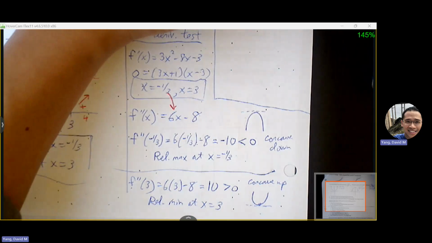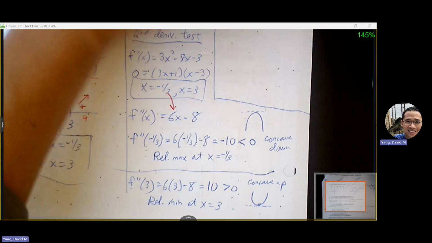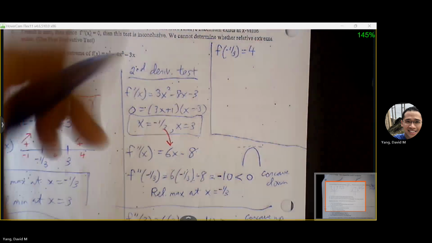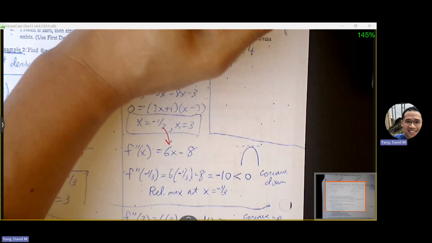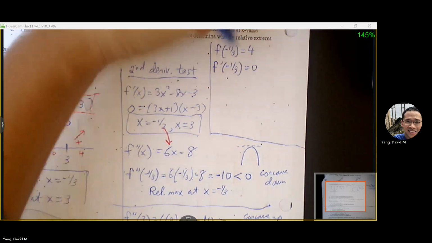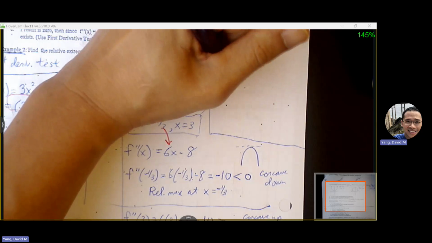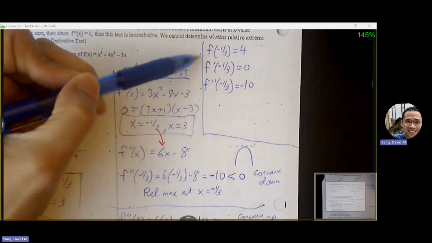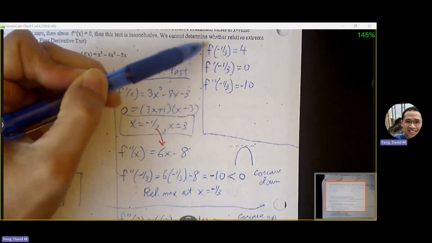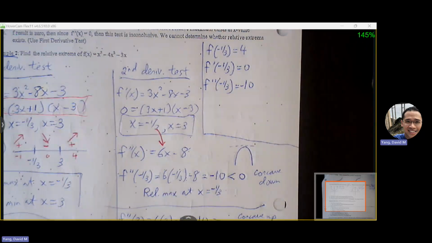Let's say I told you that f of -1/3 was 4. That's just going to be some ordered pair, right? And then let's say I told you that f prime of -1/3 was 0. And then f double prime of -1/3 is equal to -10, just like what we did before. Would you be able to tell just from this information alone that there is a relative maximum at -1/3?